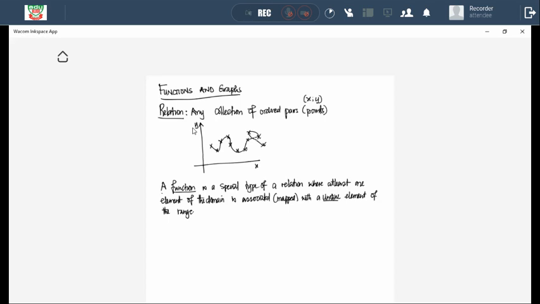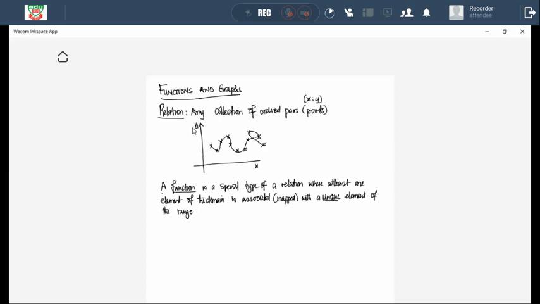Okay, on any ordered pair, there is an X entry. An X entry falls under what we call the domain, right? And it's mapped onto a Y element, which is called what? The range. So we are talking of a function here, and it's a special type of a relation. So all functions fall under what we call relation. A relation is an umbrella term.